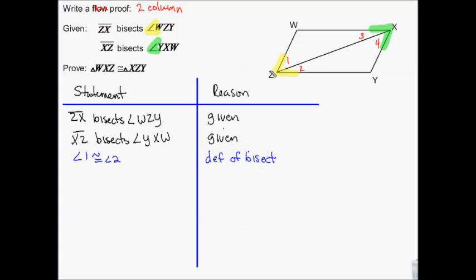We cut it in half, so that means these two halves are equal, even though in the picture they're not, because, well, it's me drawing a picture, I'm not perfect, right? But we're saying that they are, because that's what bisect means. And then we have angle 3 and 4, because the green angle was bisected.